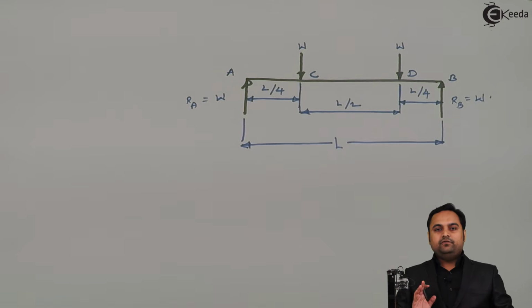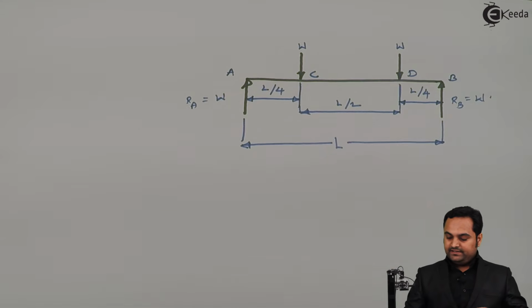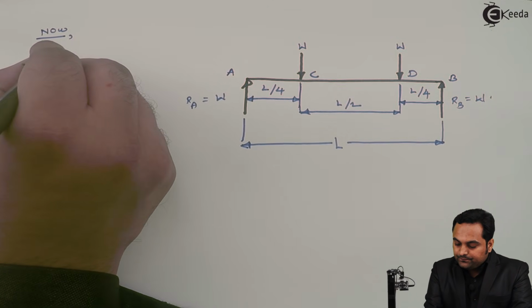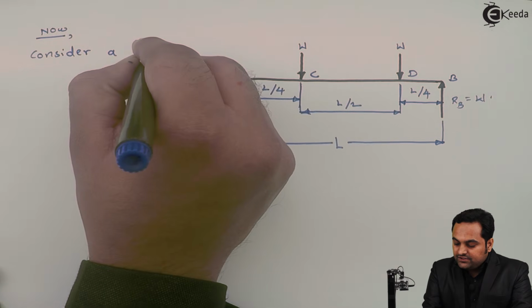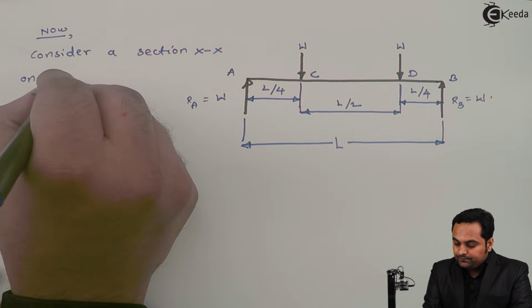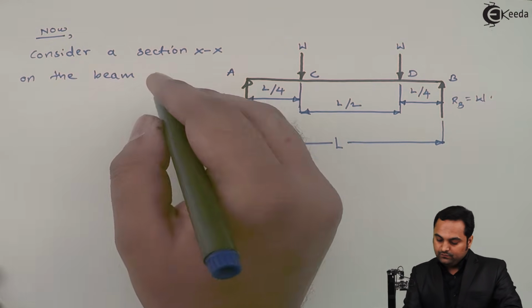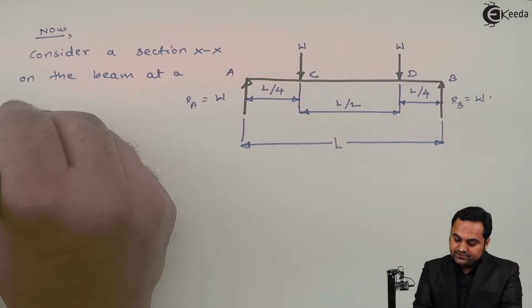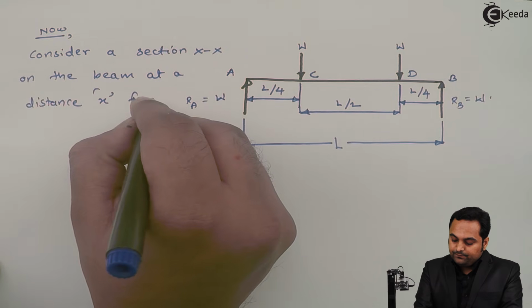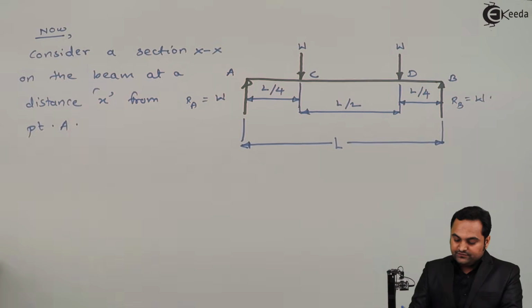Now to solve it by using Macaulay's method, the first thing is we should consider a section on the beam which would be called as section XX and at a distance x. So I'll say that now consider a section XX on the beam at a distance small x from, I'll consider point A, that is from left hand side.